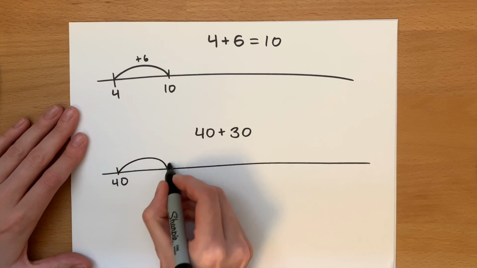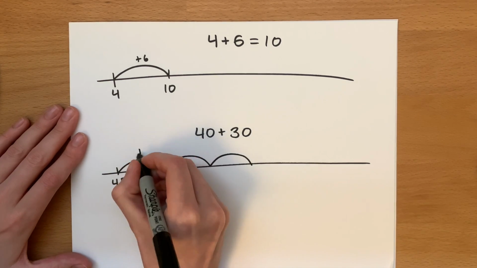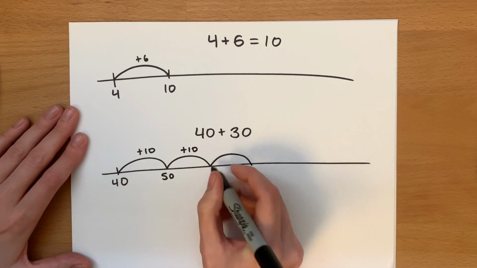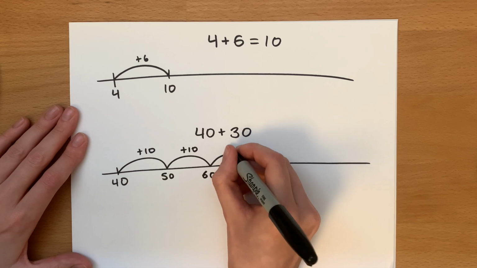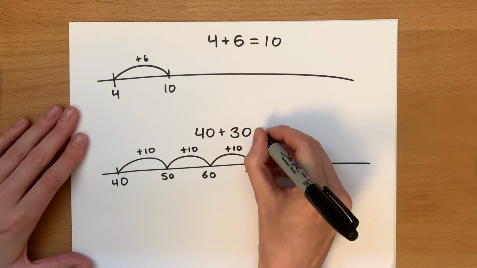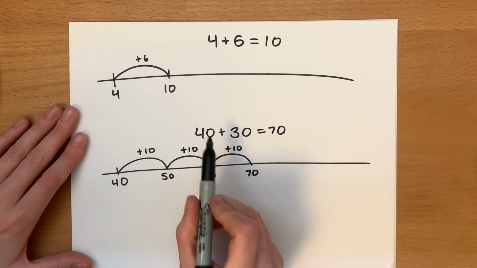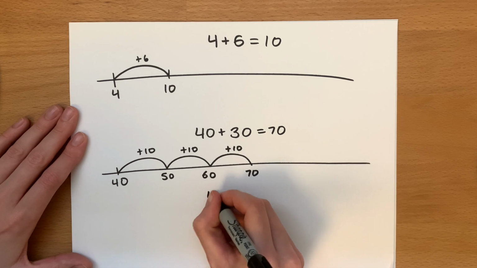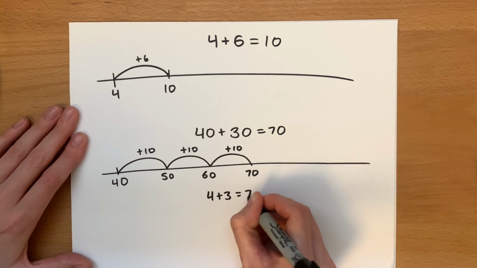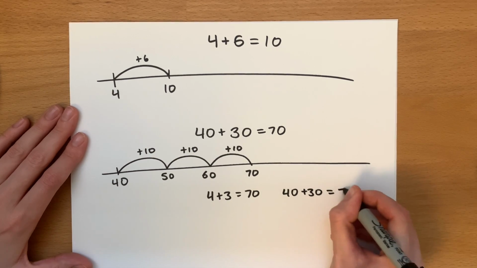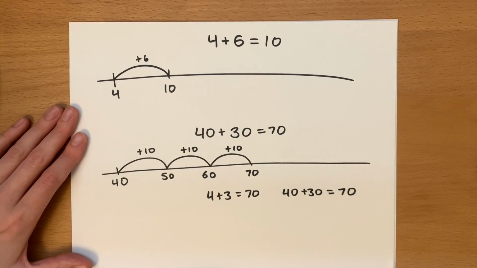So if I add 1 ten, then I'll have 50, and another 10, I'll have 60, and another 10 is 70. 40 plus 30 equals 70. I also know that 40 plus 30 is 70 because 4 plus 3 equals 7. So 4 tens plus 3 tens equals 7 tens, just like that.